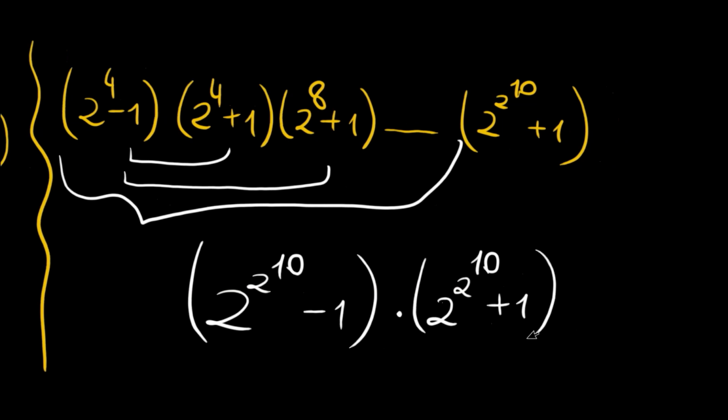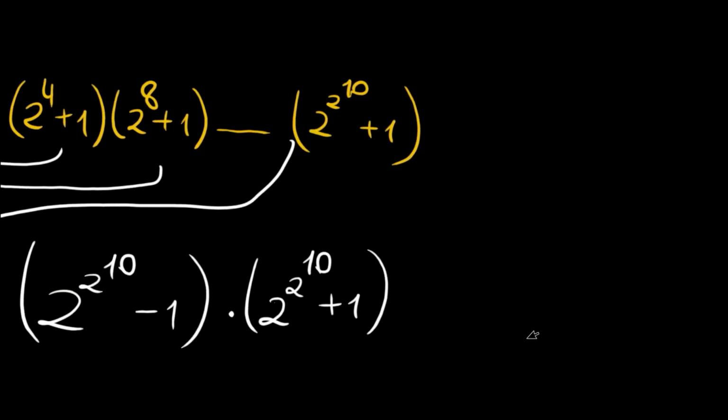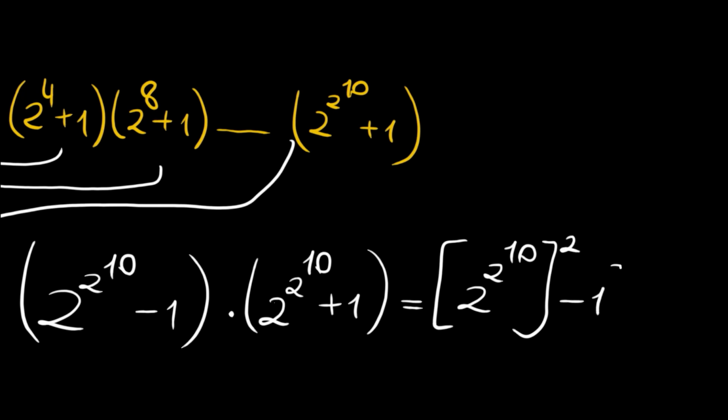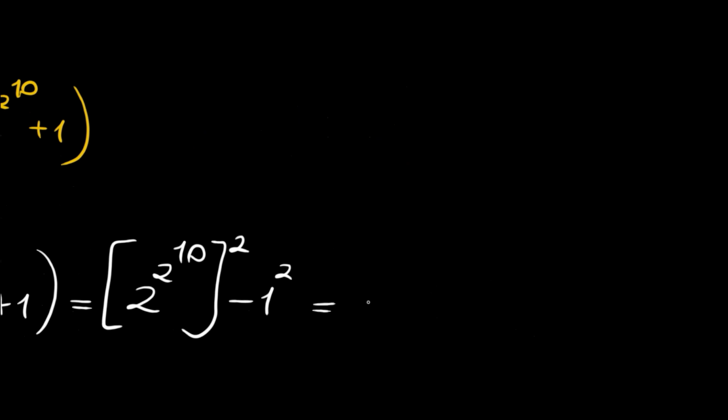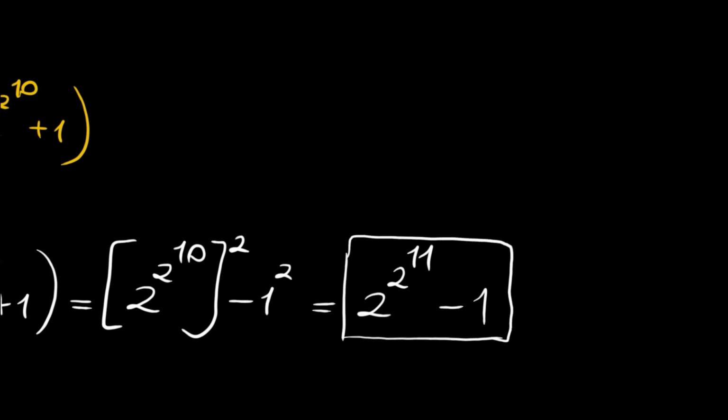This is the final operation here. So we will have 2 to the power of 2 to the power of 10 all squared minus 1 squared. So this is equal to 2 to the power of 2 to the power of 11 minus 1. This is the final result for our question.